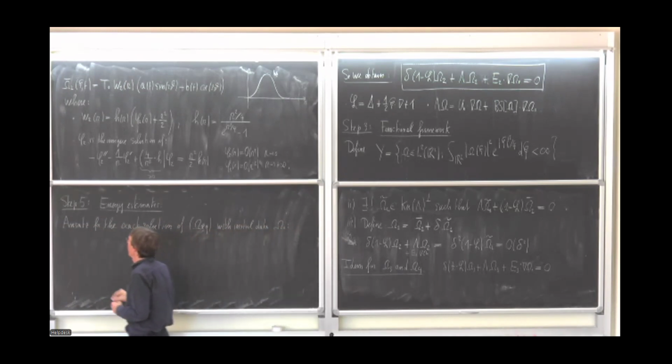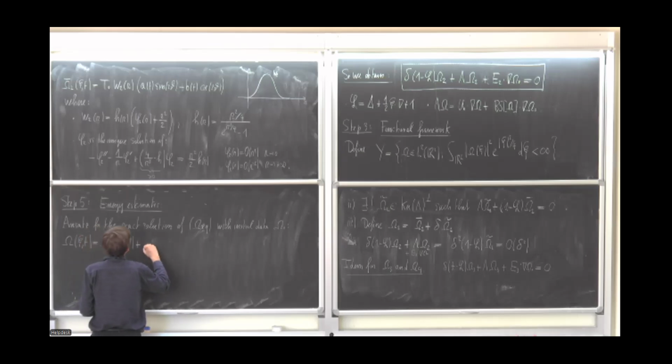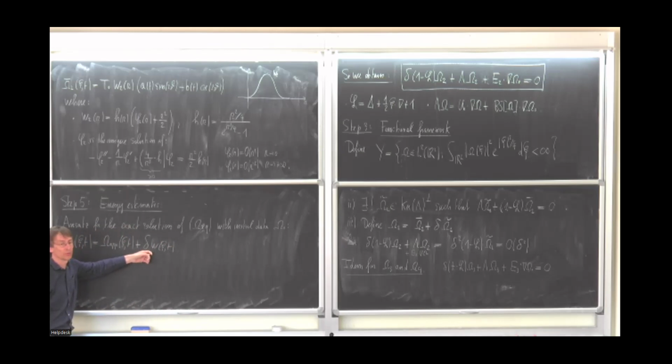So I have my exact solution, capital omega of psi and t. I want to write it as omega up of psi and t plus delta times some correction, which I write w of psi and t, which is unknown to me. So I write omega up plus a small correction, and for some reason I put a factor of delta in front of this correction. I will explain why.